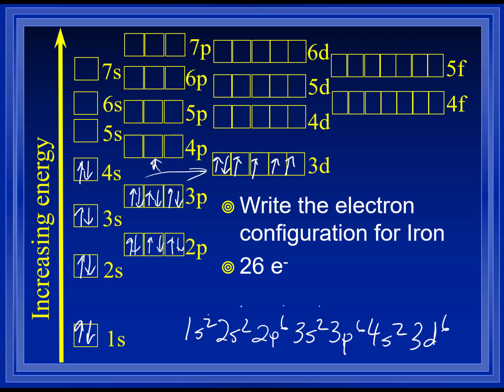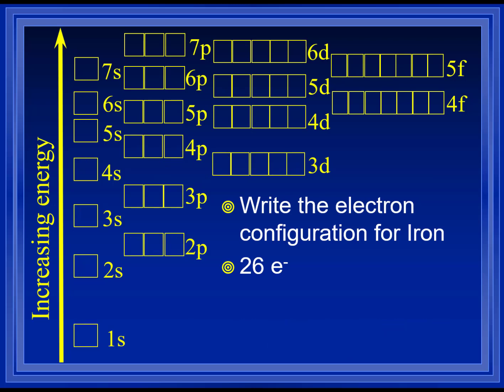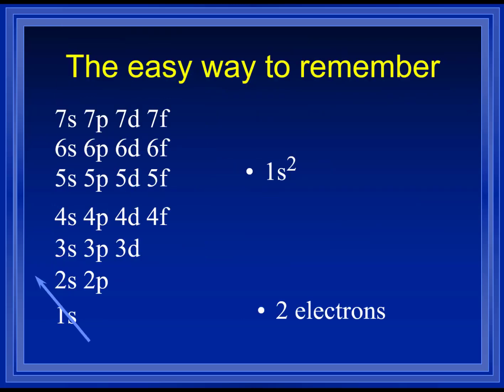Now, that diagram's a pain. All you have to do is memorize that order. Nah, you don't have to memorize that order. Because there's an easier way to remember. The diagram at the bottom of your page. If you follow those arrows, it will go in exactly the same order as that Aufbau diagram. If you start at the bottom and follow the diagonal lines up, it gives you the order they're going to fill up.